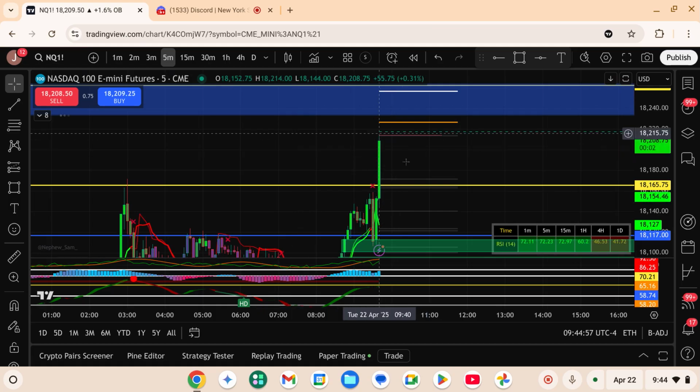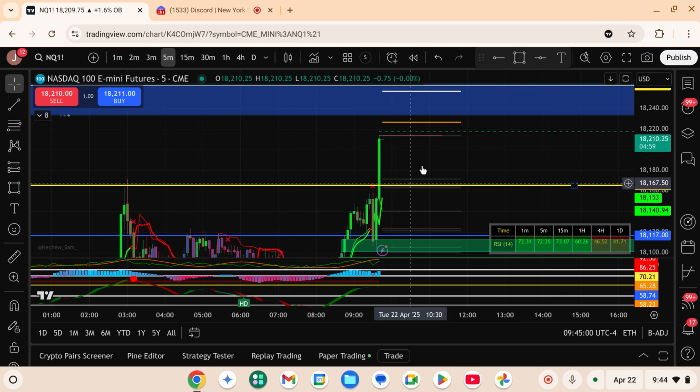If we can get a retracement back down here, we can probably enter in on the next one.